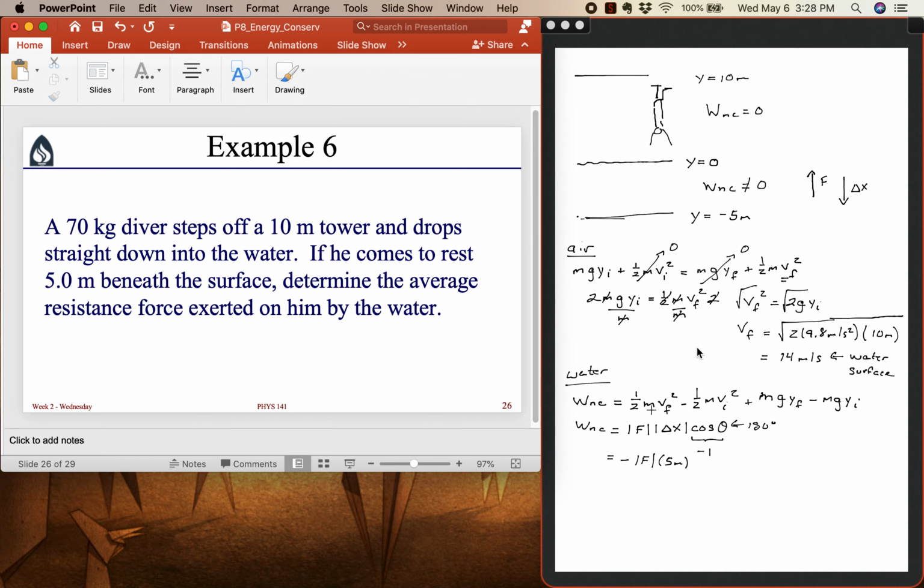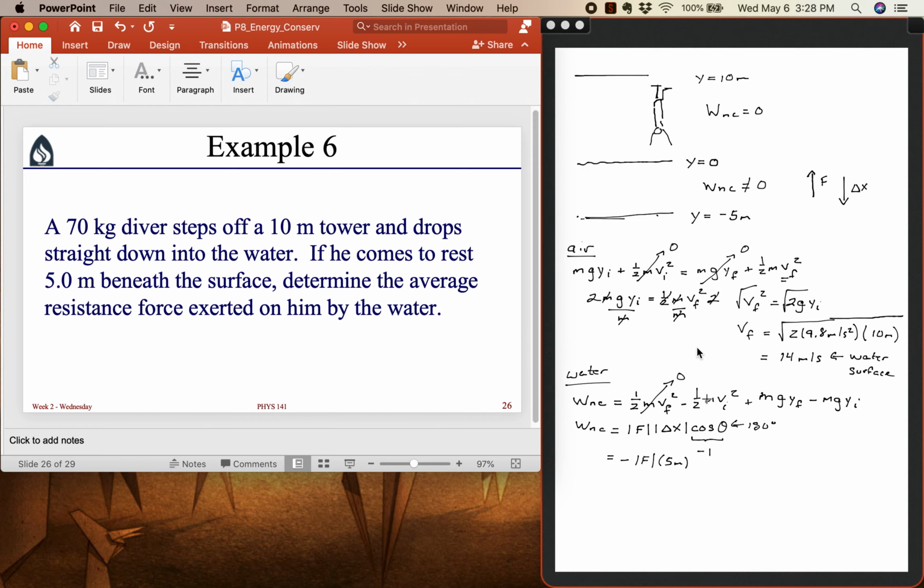So let's see, the final kinetic energy. Well, we're talking about the diver's passage through the water, and when the diver gets to this final depth, this is when the diver comes to rest. So the final velocity of the diver would be 0, the final kinetic energy would be 0. Initially, as the diver is entering the water, we know that the diver is going 14 meters per second.